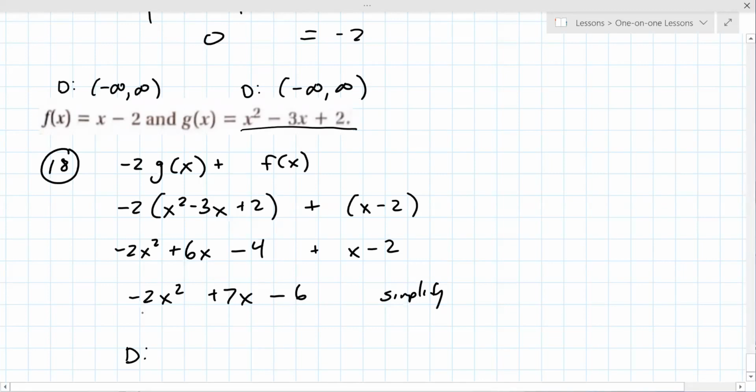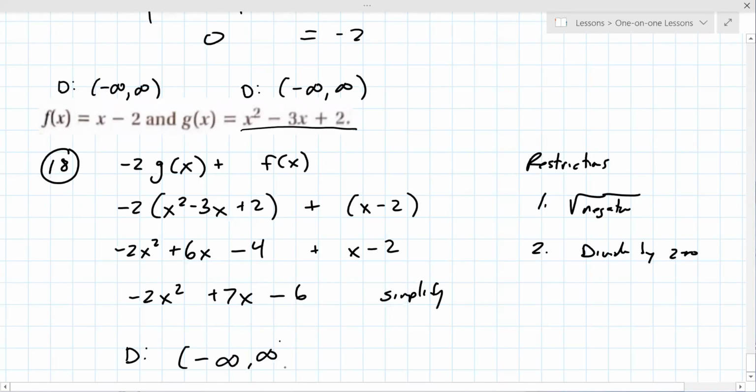You have to look at this function though and decide, does it have any restrictions? The only restrictions you're looking for: the first is square root of negatives, and the second is division by 0. There's no division, there's no square roots, so this is all real numbers.